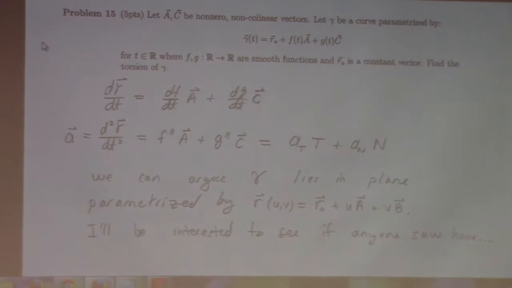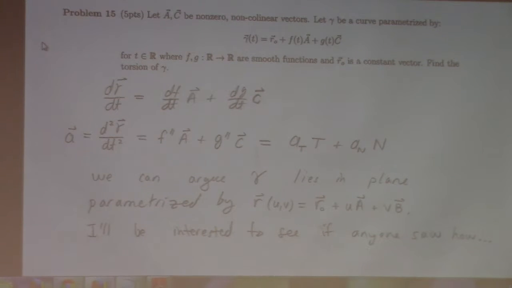How did we determine that it was a planar curve, though? Is that because of the A, C, again? Well, look at its formula. A and C are constant vectors, right? So it's going in the A direction or it's going in the C direction. I mean, they're not collinear, but there's just 2 vectors, right? It can't pick up any time dependence in any other direction except for the A and C direction.